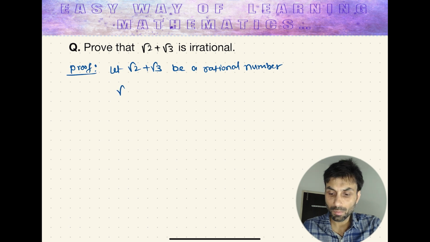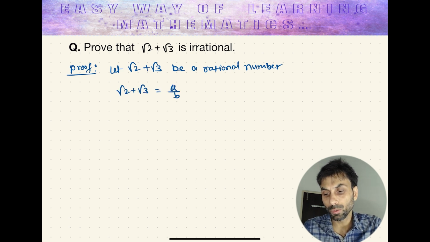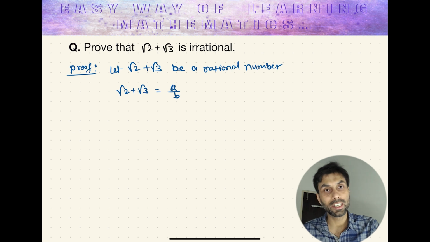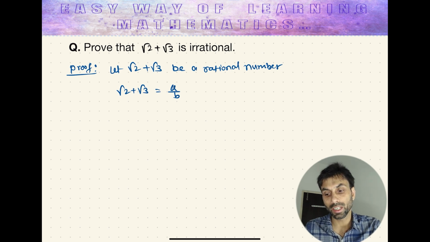Then since it is a rational number, we can write root 2 plus root 3 equals a by b. Now, you know that transposing the term to the other side is not going to make any difference, because already one side we have rational, one side we have irrational terms. So here we are going to square both sides.